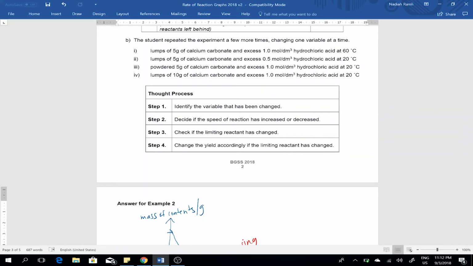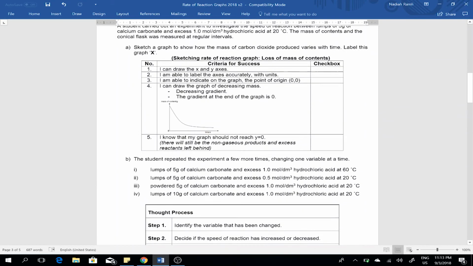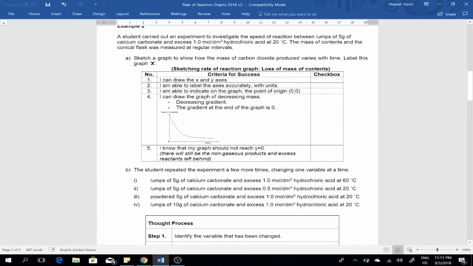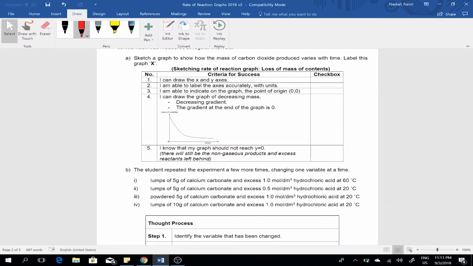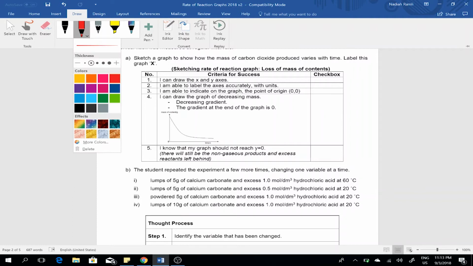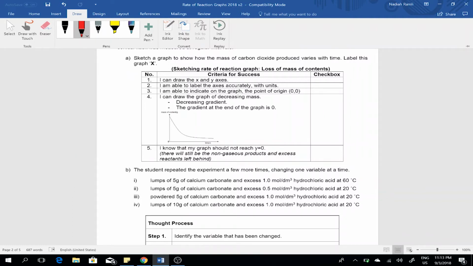Okay, so number 1, lumps of 5 grams of calcium carbonate and excess 1.0 mole per dm cube of hydrochloric acid at 60 degrees Celsius. So now let's look at the original. Lumps are the same. So what I want you to do now is take a red pen or a different color pen or a highlighter even, and try to circle the parts that are different.